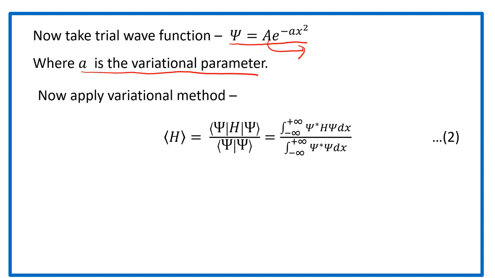Now apply the variational method. The expectation value of H is equal to the ratio of <psi|H|psi> upon <psi|psi>, that is, the integral of psi star H psi dx upon the integral of psi star psi dx. The harmonic oscillator is a bounded oscillation, bounded motion between a negative extreme value and a positive extreme value, so we take the limit of integration from minus infinity to plus infinity.